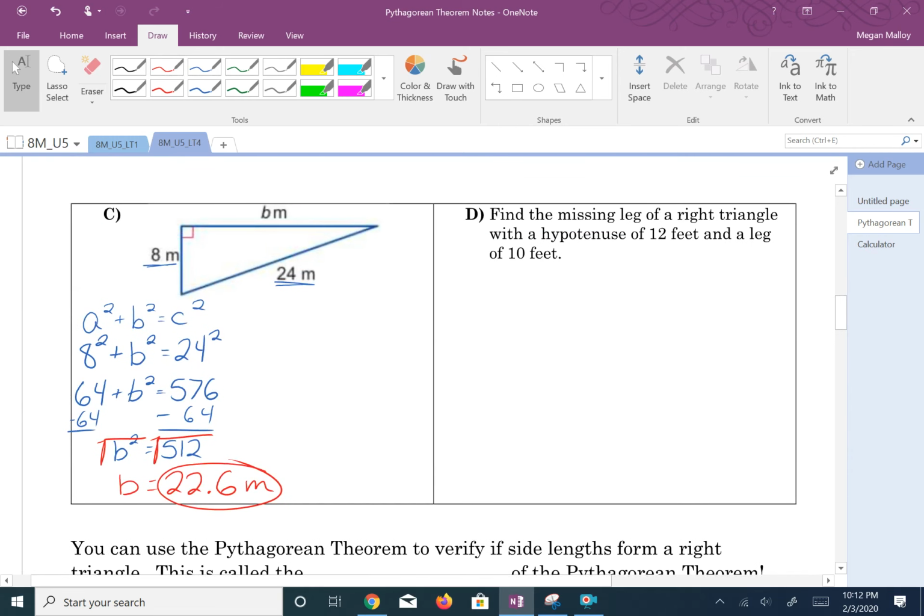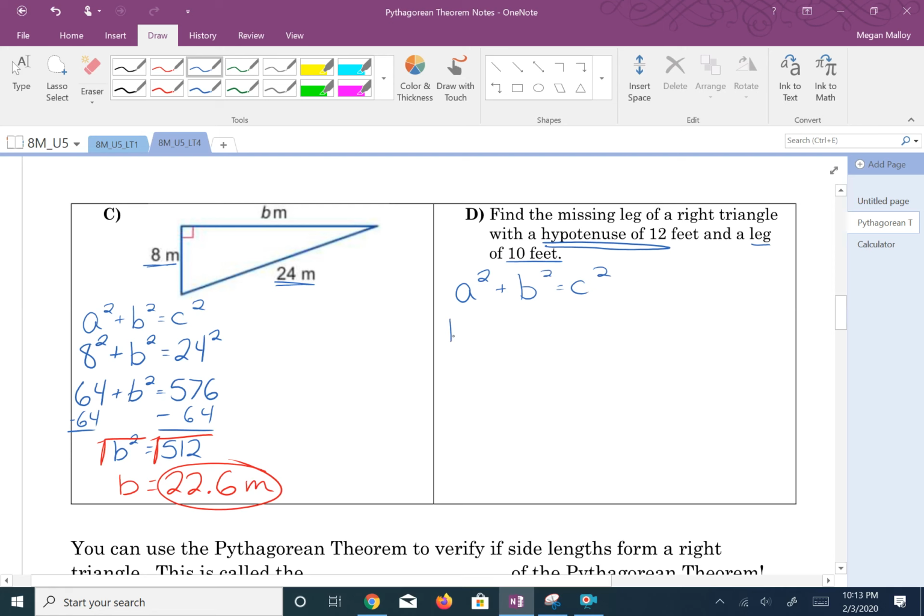Alright, and 1D says find the missing leg of a right triangle with a hypotenuse of 12 feet and a leg of 10 feet. So again, I have the hypotenuse and I have a leg, which means I'm looking for the other leg. So a squared plus b squared equals c squared.